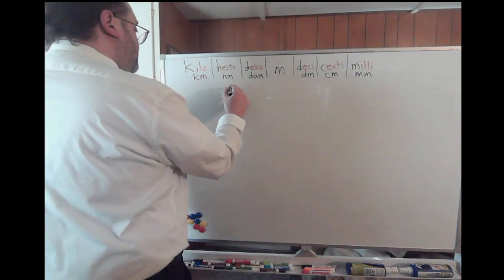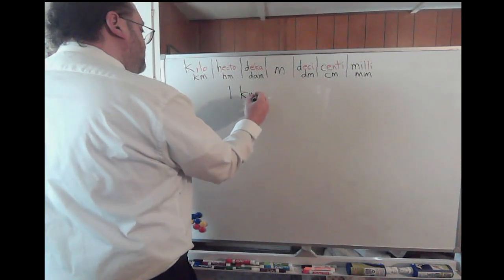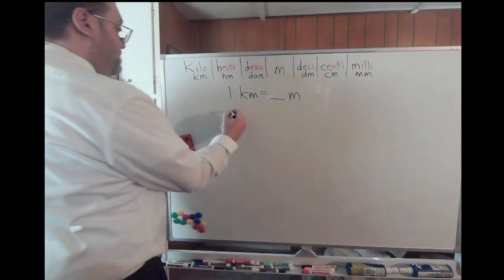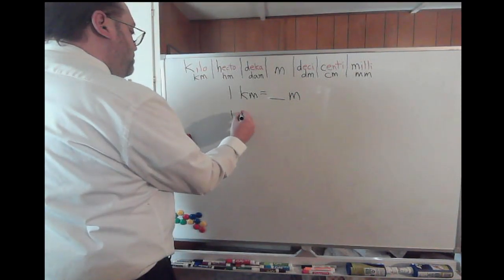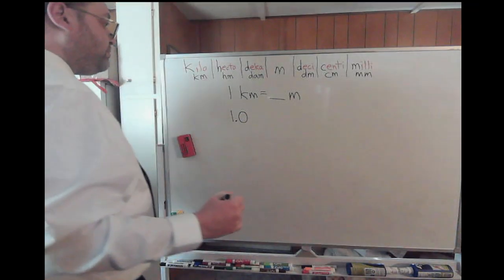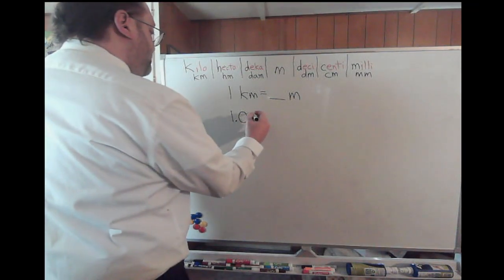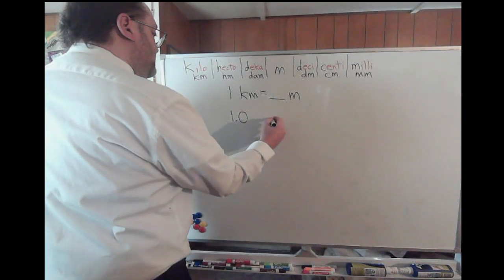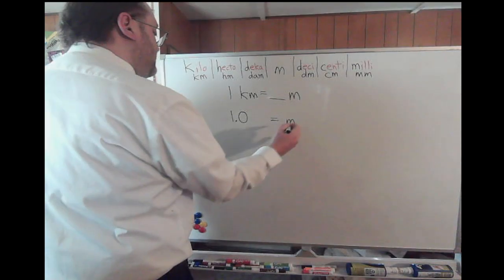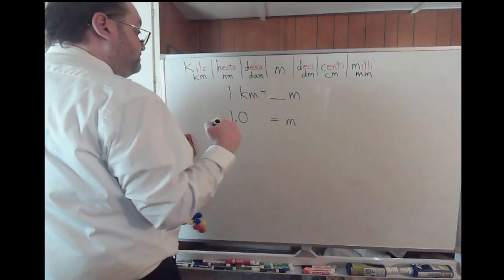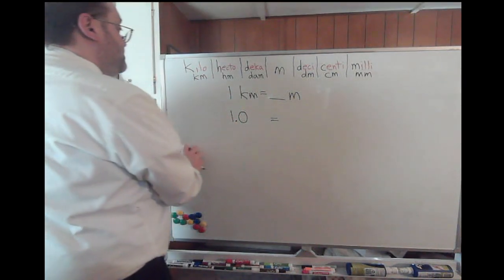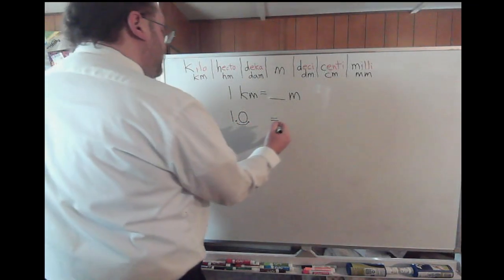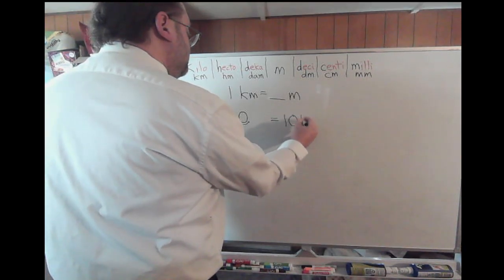So let's do this. 1 kilometer is equal to how many meters? Let's start out with the base 1.0 kilometers. You want to get to meters. What you've got to do is move the decimal another place to the right. You'll have 10 hectometers.